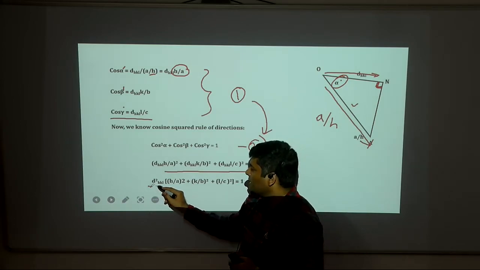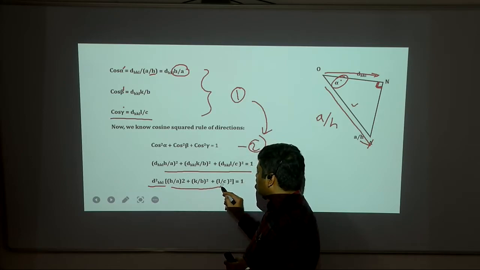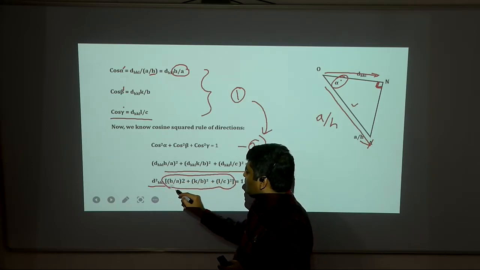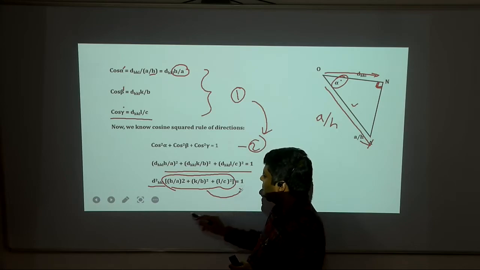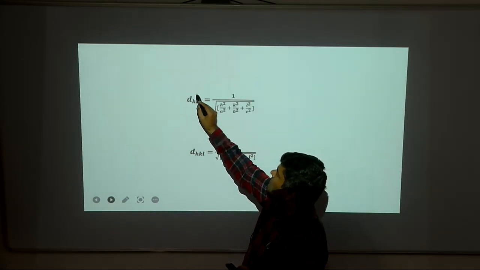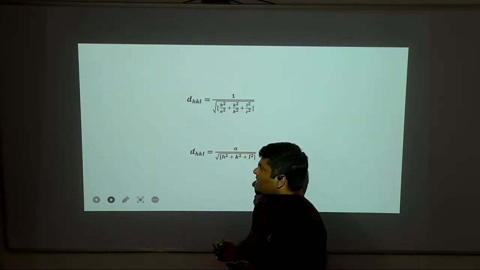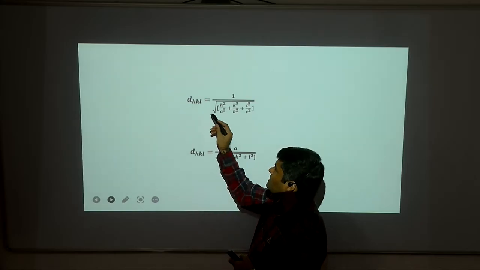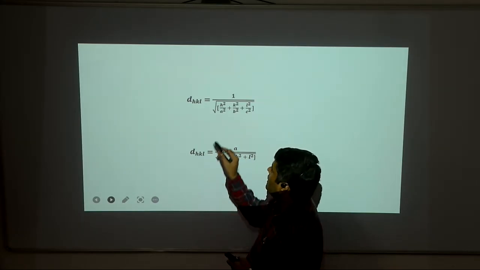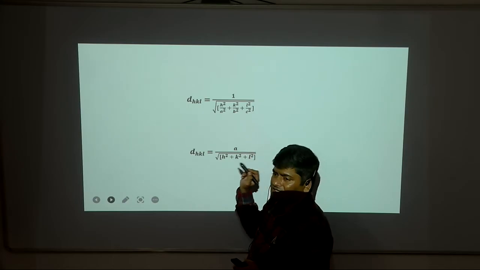And our ultimate aim is to find out d_hkl. So the rest of the terms we take to the right hand side, and the square root of both sides has been taken. So d_hkl is equal to 1 upon the square root of h square upon a square plus k square upon b square plus l square upon c square.